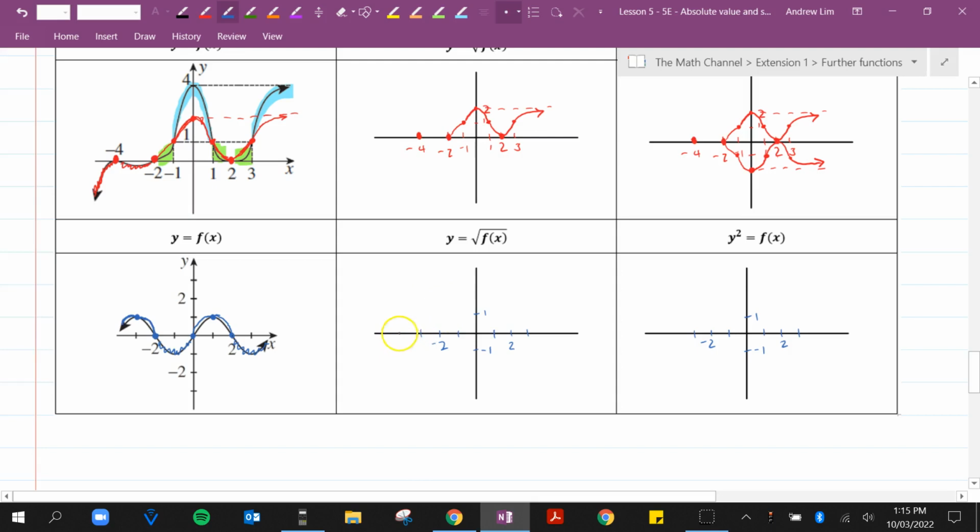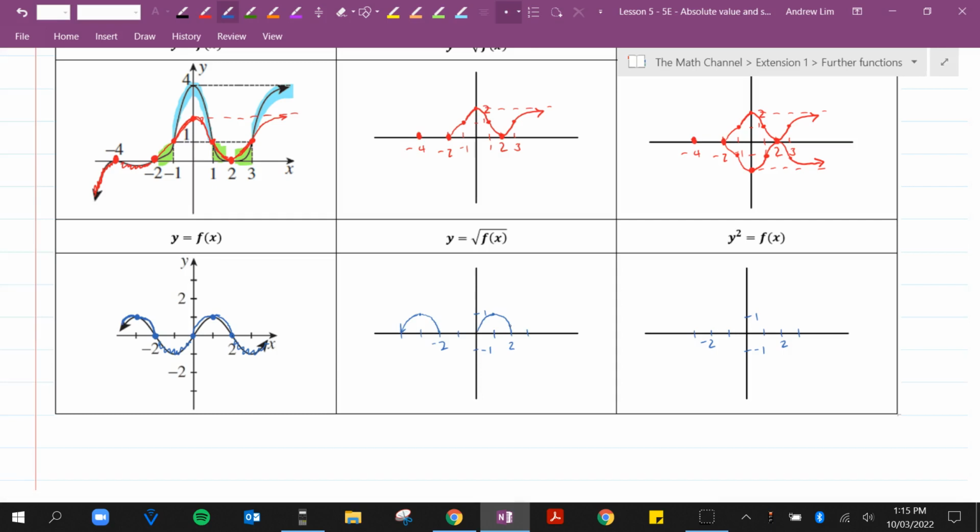So let's just draw another one here. Just draw the arrow. And that's what we've got there.